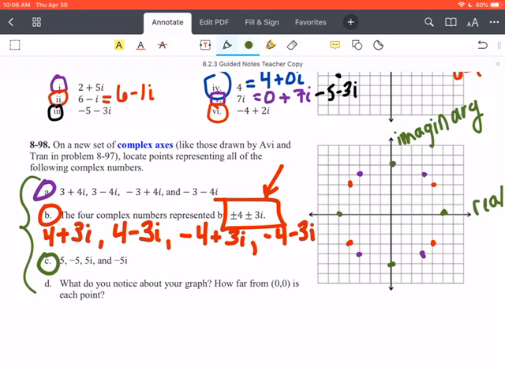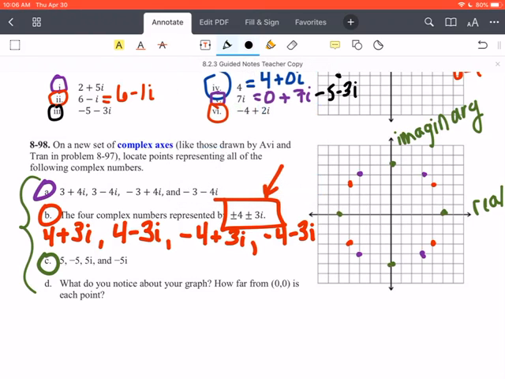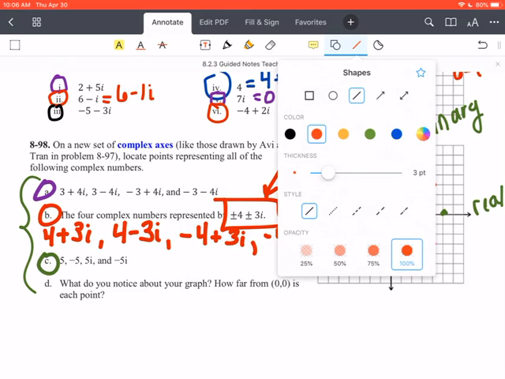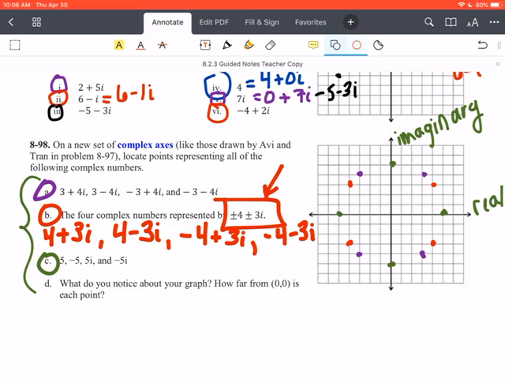What do you notice about the graph? Hopefully, if you graphed everything correctly, we can notice that it looks like a circle. In fact, maybe I can get really fancy. Maybe I'm going to regret this and do my circular shape here. Let's see what happens. I'm going to start in the middle.